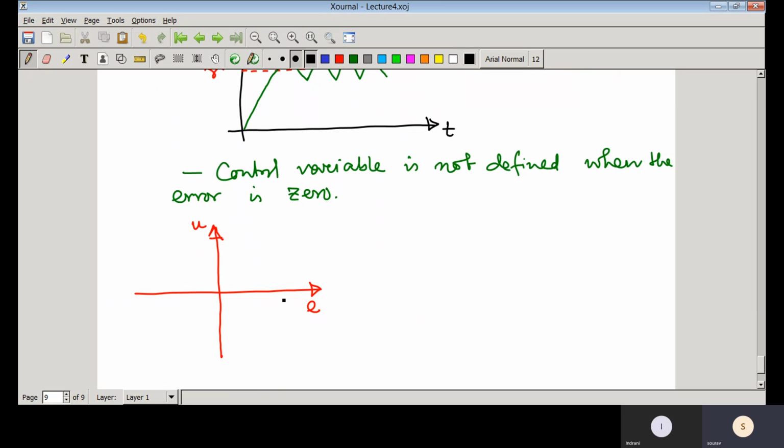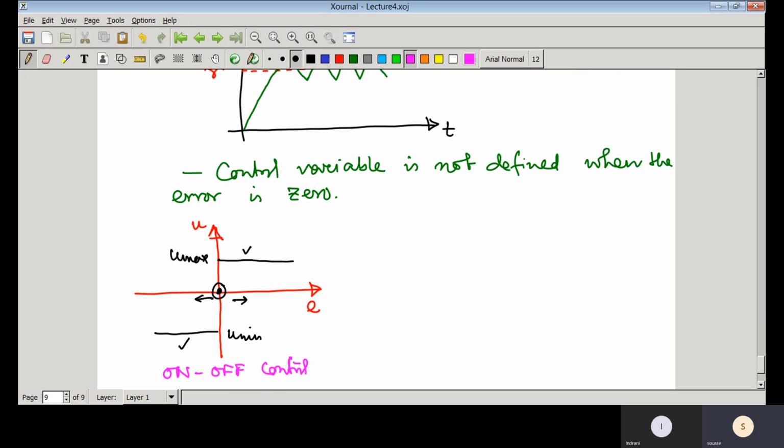Whenever error is positive, you have some value, u max, and whenever error is negative, you have u min. But you do not know at this particular point, when error equals 0, what value you have to take. So this is actually the on-off control strategy.